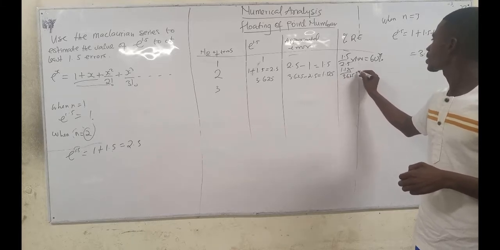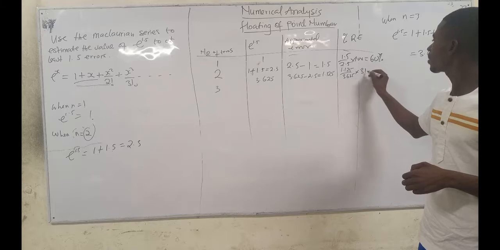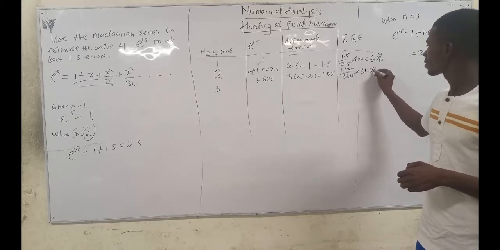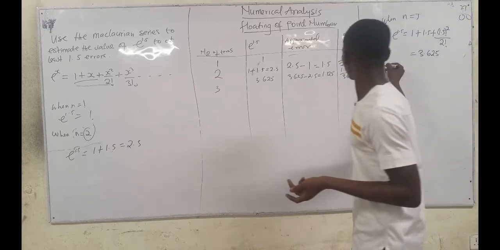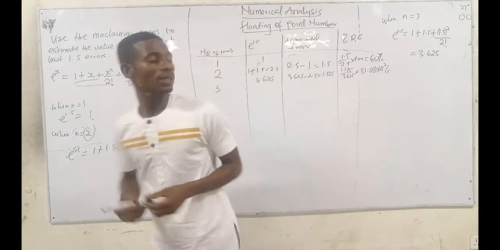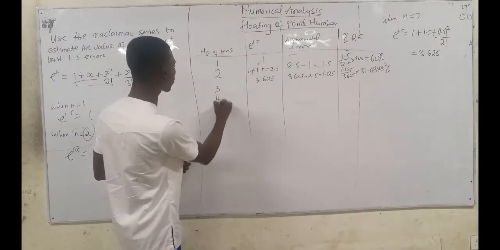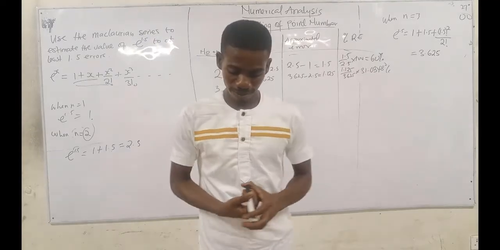So we got what? 31 points. Wait, this one does not have any effect on the other one. So let's calculate when n is equal to 4, the 4th term.